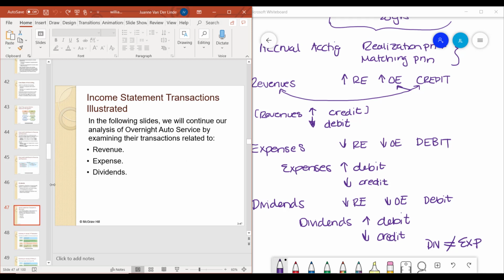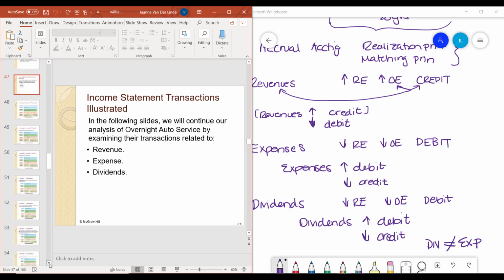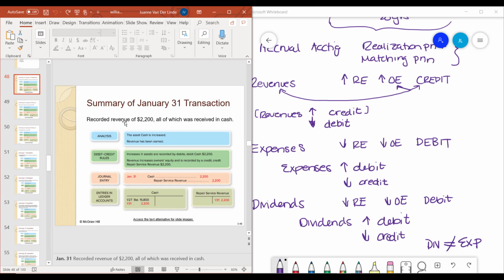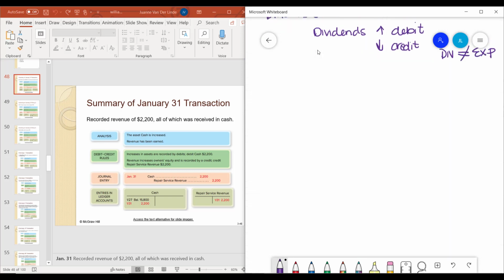Okay, so now based on the little bit extra that we learned on the debit and credit rules, we are going to look at this last set of transactions and work through those. All right, so on January 31st, they recorded revenue of $2,200, all of which was received in cash.